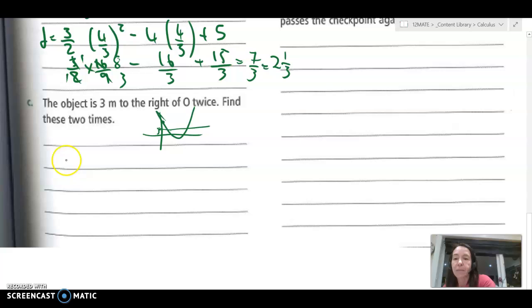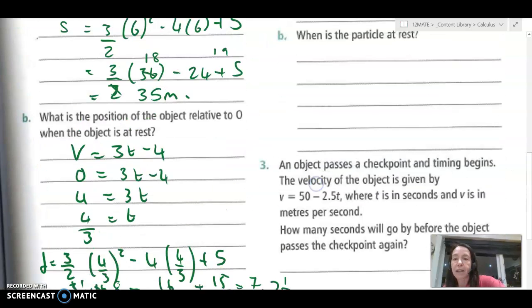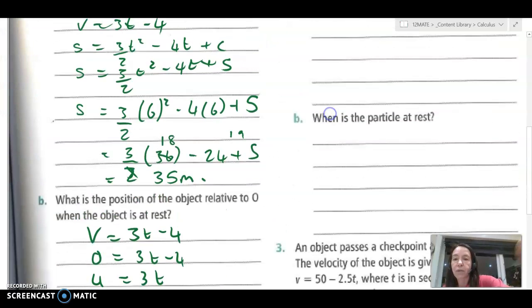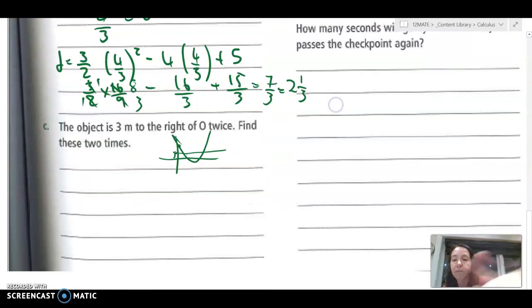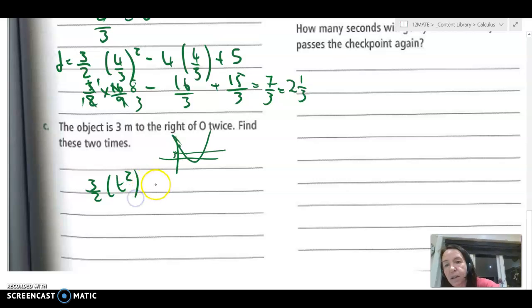So I'm just going to use my 3/2 t squared minus 4t plus 5.